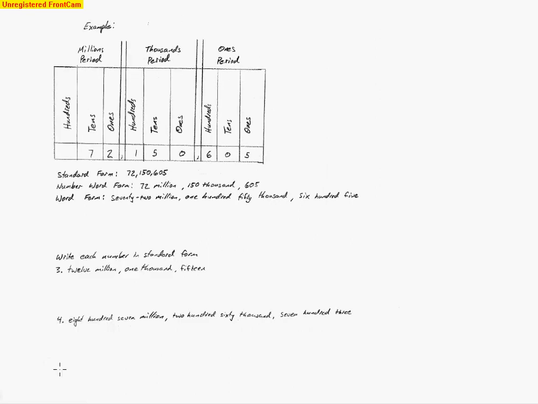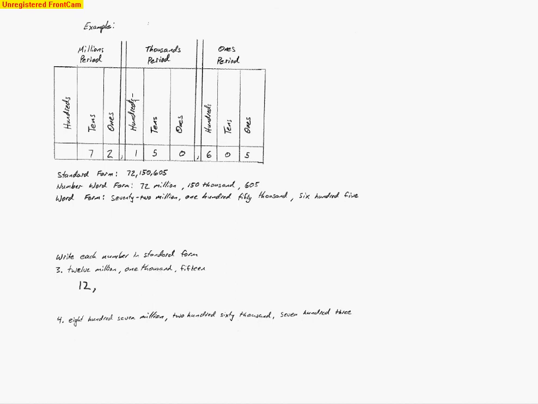So let's take a look at the next type of problem we'll end up seeing. The next problem asks us to write the number in standard form. So we'll start off with 12 million. Notice again, we've got an example up here. When we're in the millions place, that means we have the millions, the thousands, and the ones. We need to have numbers in each of these places. And so we start off with 12 million. I'm going to do the 12, and once you read that word million, that means you can put the comma there. And then 1,000. Now that's not 100,000.